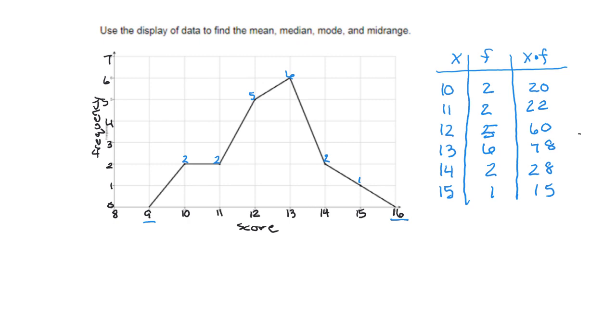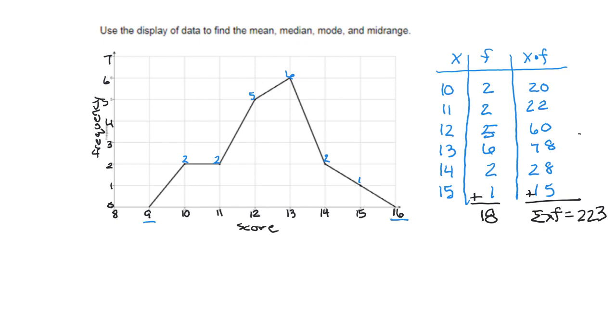Next, we're going to add up the frequency column, and add up the summation of x times f. The summation of x times f is going to give me 223. And when I add my frequency column, I am getting 18.